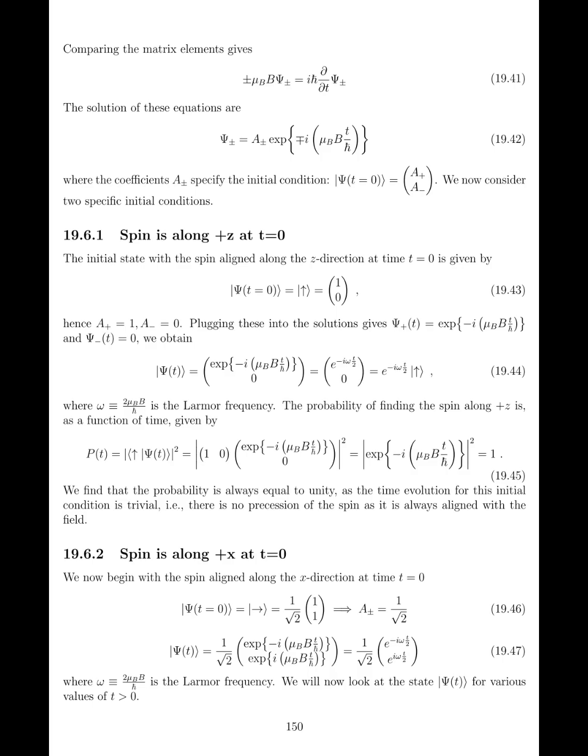The state doesn't really change. Doesn't do anything much. Up stays up. What that means is that the probability as a function of time, which is that you take the overlap of this psi of t with up and take the mod square.